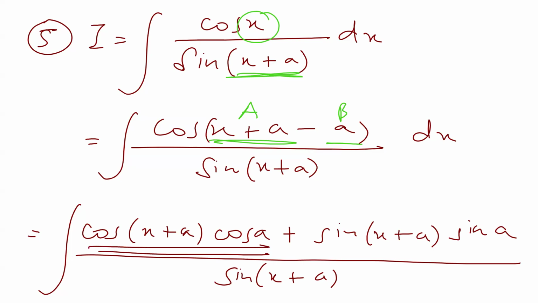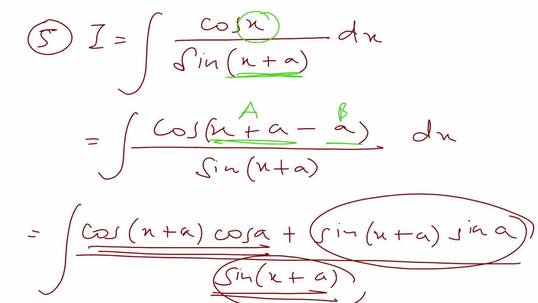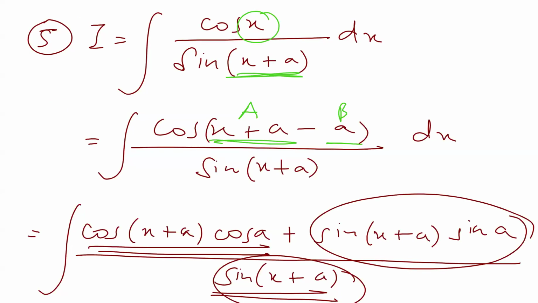Now this upon this, so it will be cot(x plus a) into cos a, plus cot(x plus a) into sin a. Sin got cancelled, so we are left with only sin. I think there is plus in between.